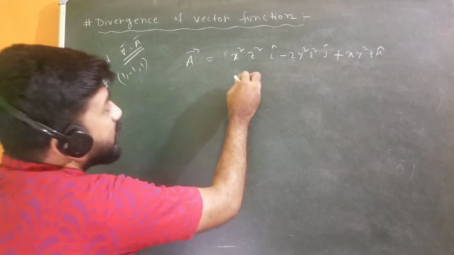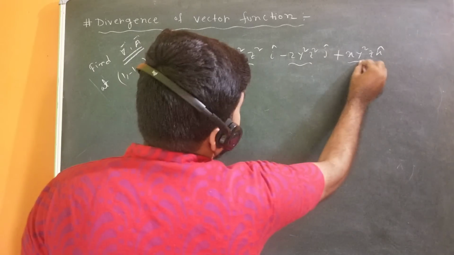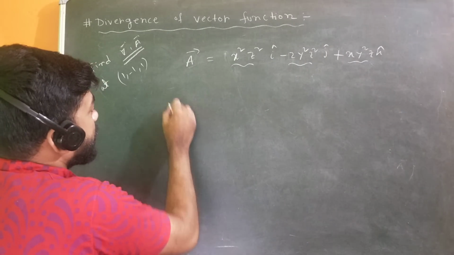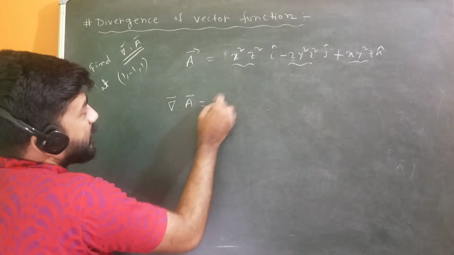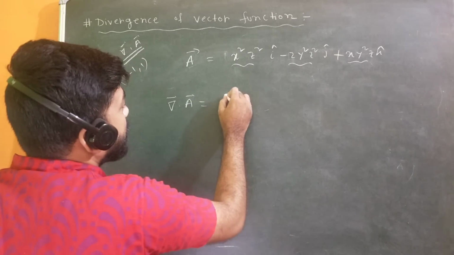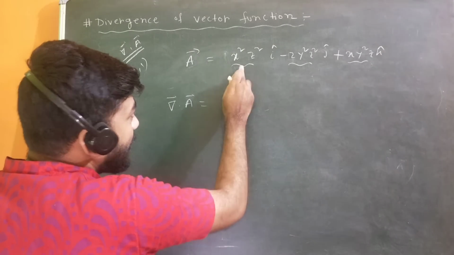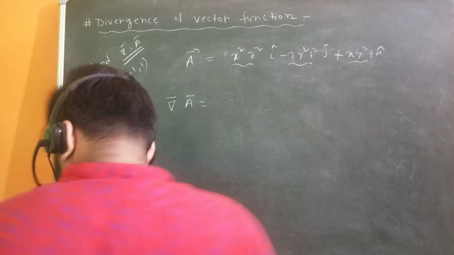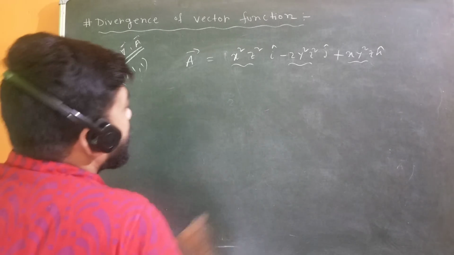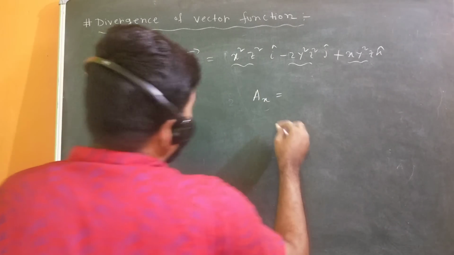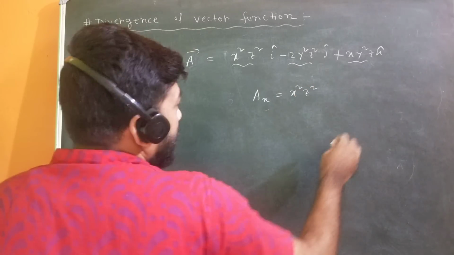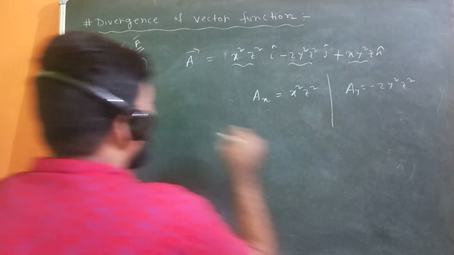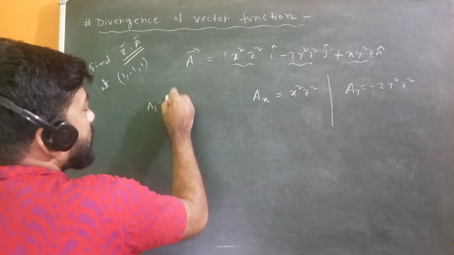Divergence A means you can treat this as ax, this as ay, and this as az. Let me solve in more detail. Here ax is x square z square, ay is minus 2y square z square, and az is xy square z.